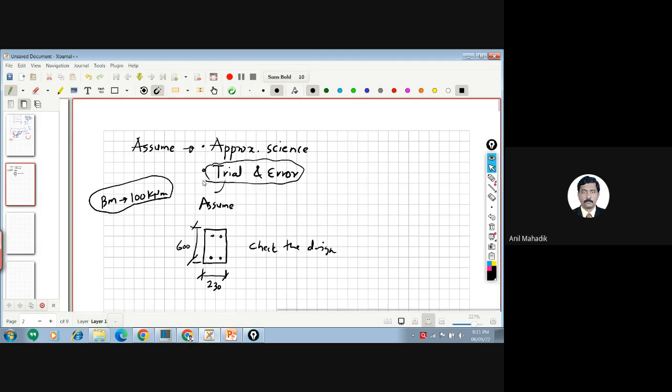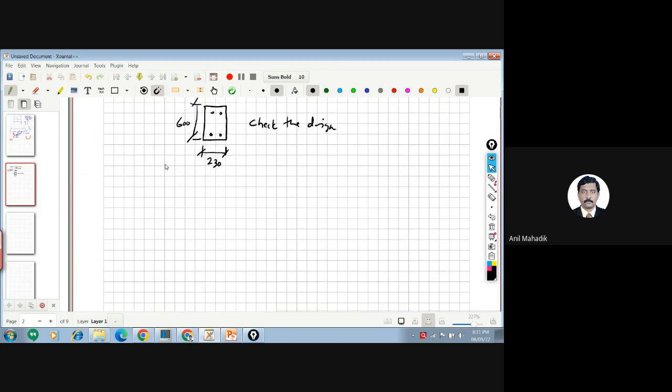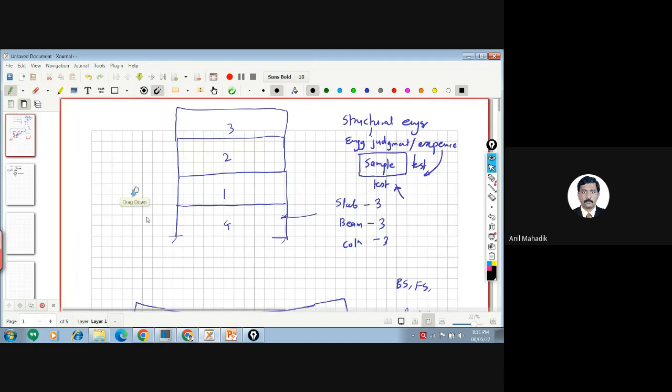So generally what we do, as per experience and thumb rules, is we assume the sizes first. Let's say in a building, this is your span, let's say 6 meter span, so all these beams are having 6 meter span.